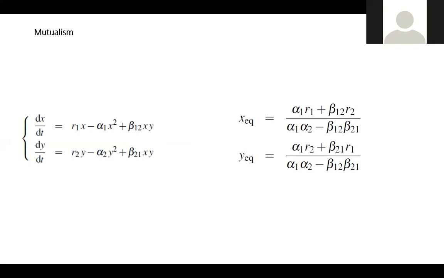Sorry? Besides, R2 is supposed to be alpha. Like at X equilibrium, you have alpha 1. Yeah, I think so. A lot of mistakes. Not good. I will fix it also. Sorry, where is it?